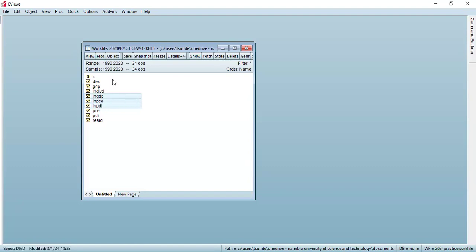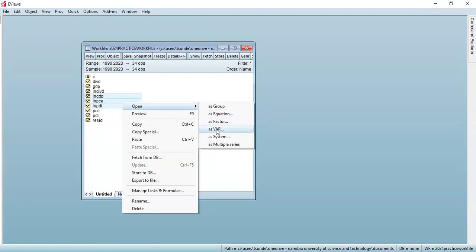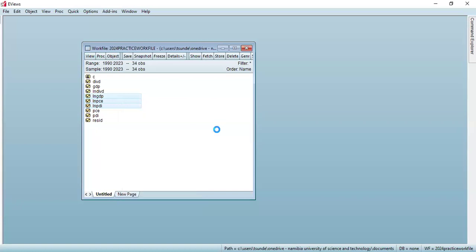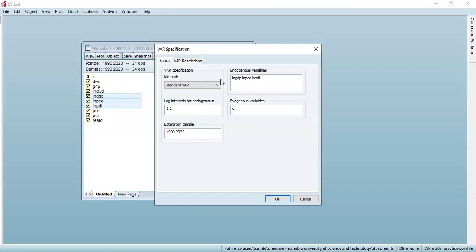Now, to estimate a vector autoregression equation, you just right-click on the highlighted variables and open them as a VAR. That is vector autoregression. If you open as VAR, this is what comes up. You have your three variables. They are given here.